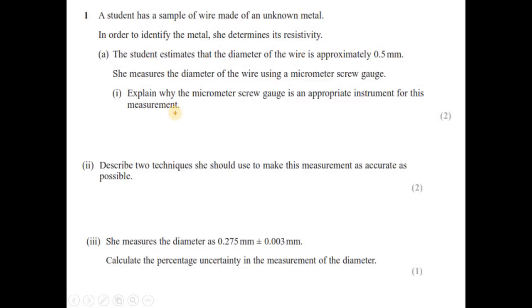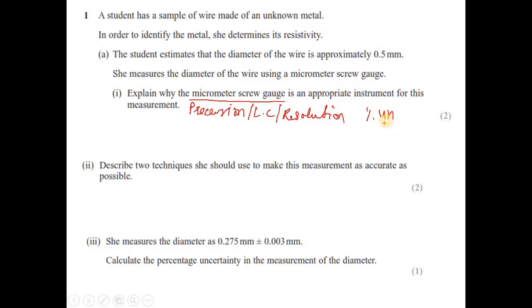A typical question of asking the reason why we are using some given instrument. So generally we talk about precision, or least count or resolution, and then we talk about the percentage uncertainty.